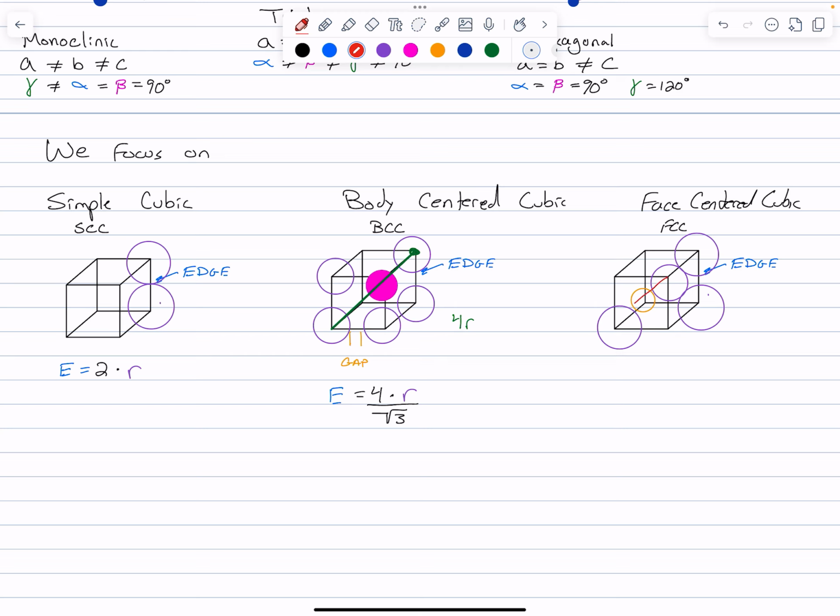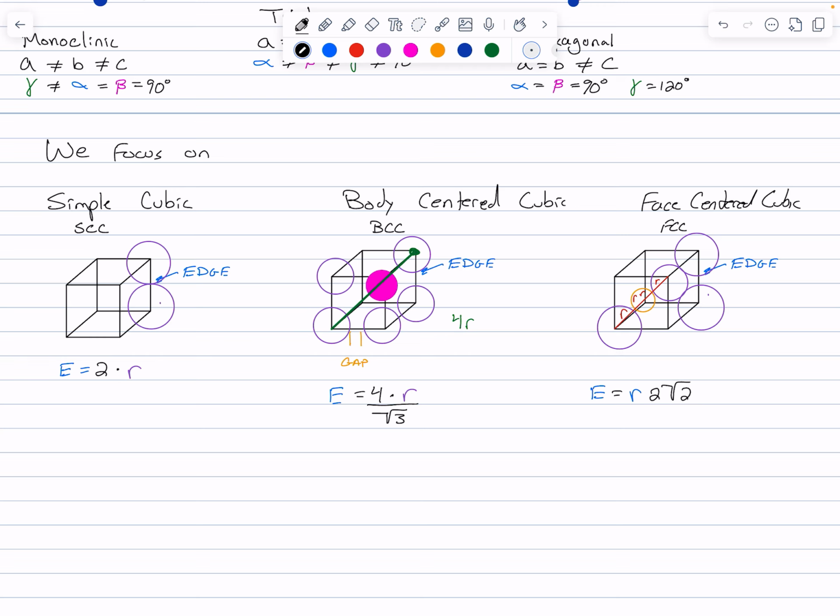And so right here, you have R, R, R, and R. So you have 4 radii again. And so the edge would be equal to R, the radius, times 2 times the square root of 2, because that's a 45, 45, 90 triangle.